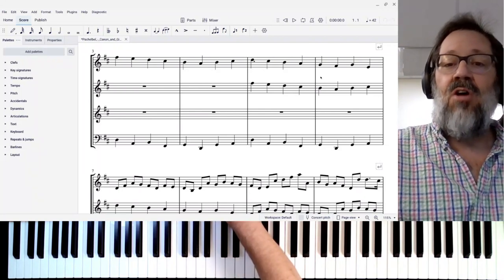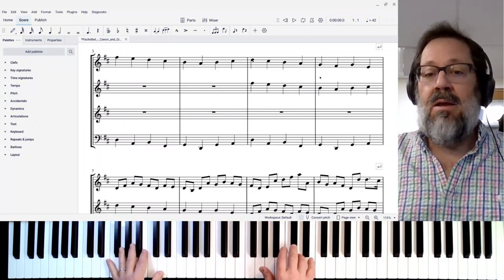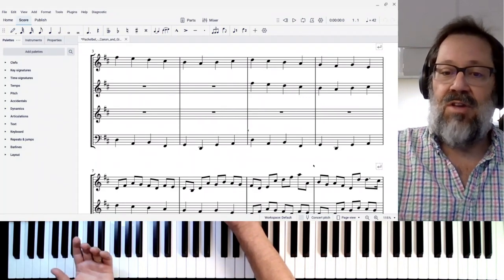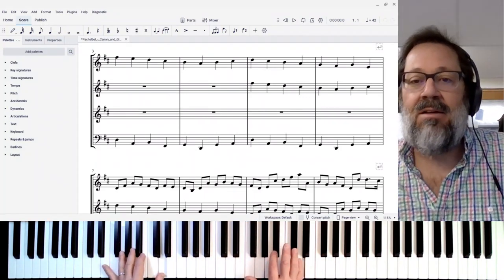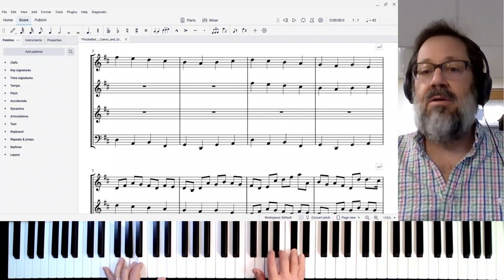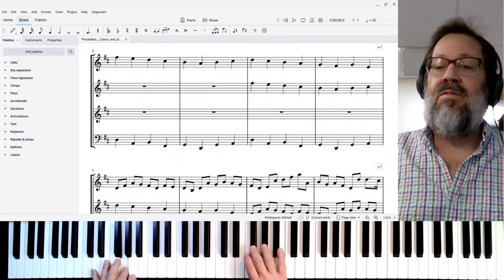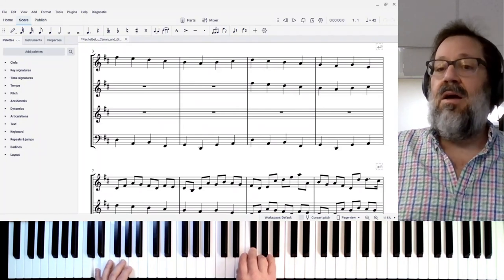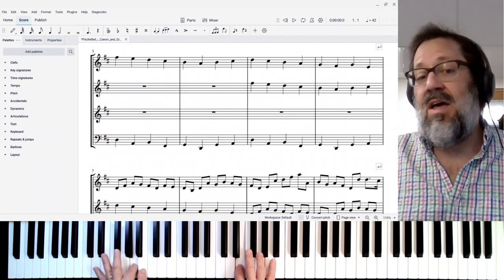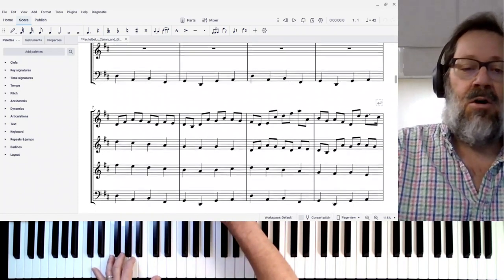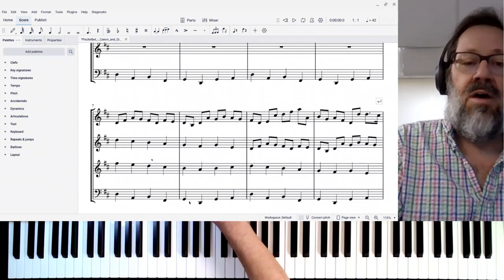The next phrase is also first species counterpoint between that top voice and the bass, and now we have an octave, a third, an octave, and a third, an octave, and a third, an octave, and a fifth. And then it also ends with an octave.